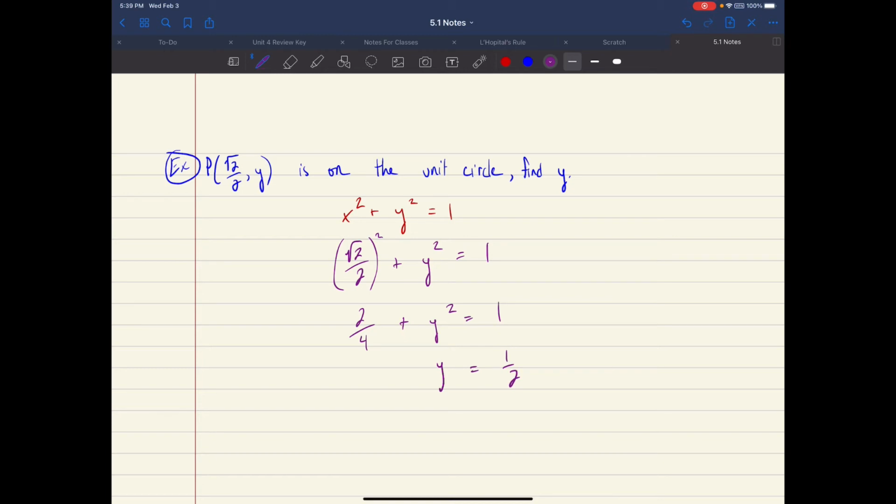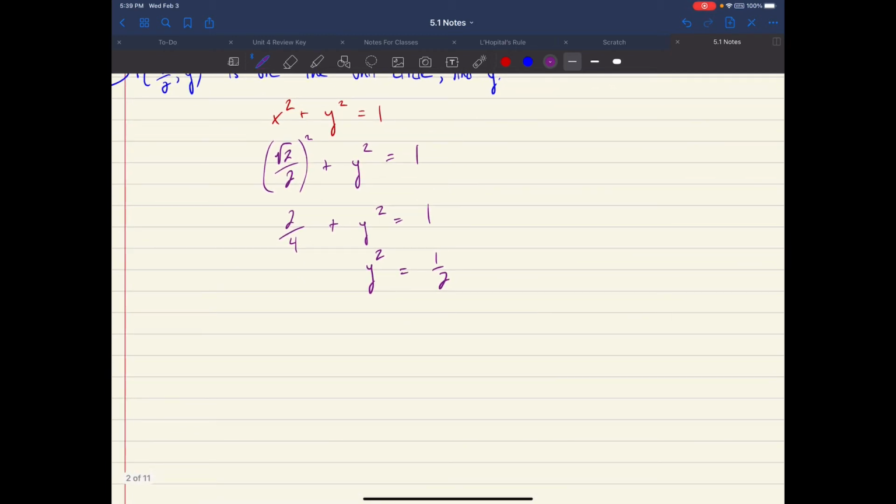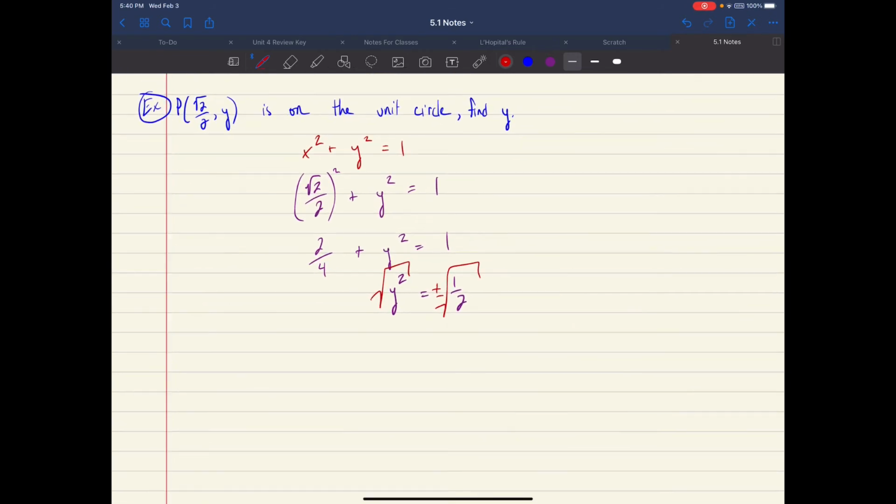So y squared equals 1/2. And you take the square root of that. You get this plus minus. And let's see here. Let me add one part to this. So find y.